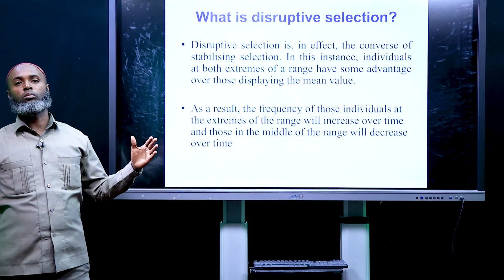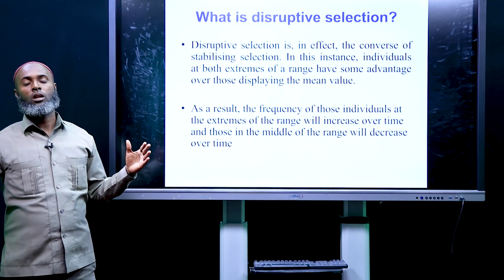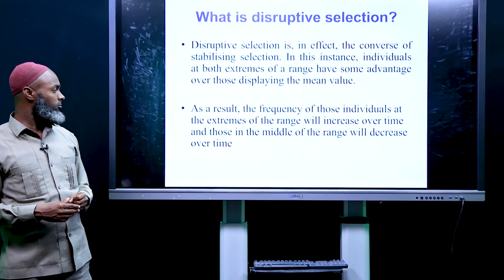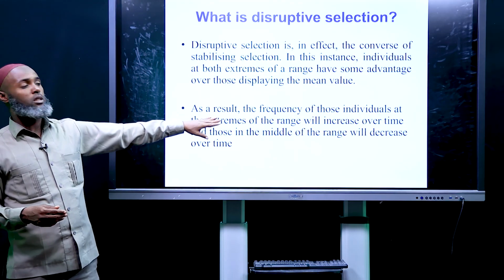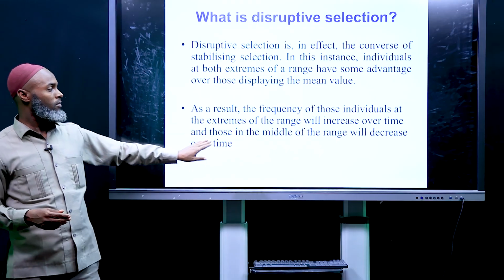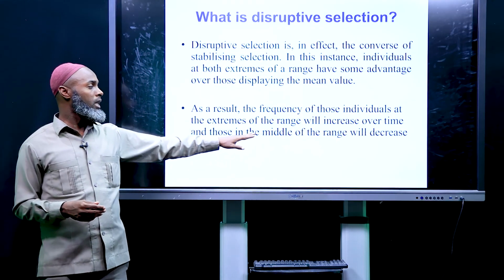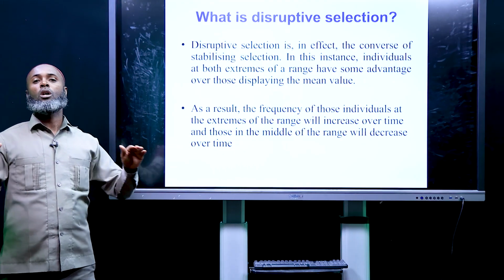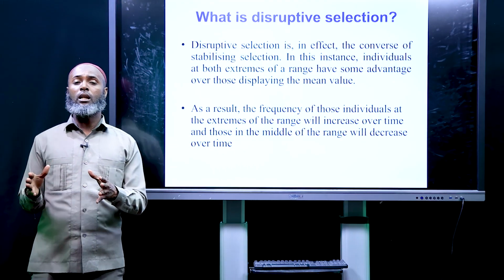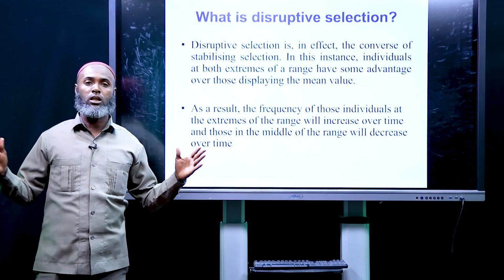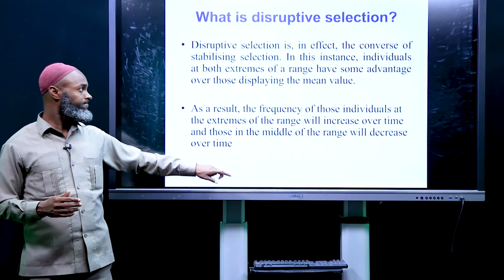So the organisms that are found on both extremes will have more advantages. The frequency of these individuals will increase over time, while those in the middle range will decrease.